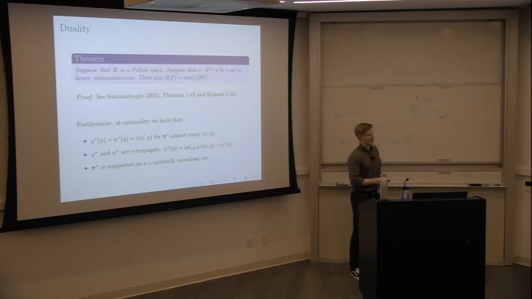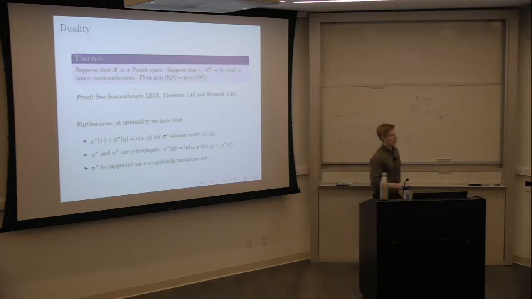For the functions solving the dual problem, the sum is equal to the cost function, meaning that the company does indeed charge us a fair price, pi star almost everywhere, meaning that wherever the optimal transport plan puts mass, they will charge us a fair price.